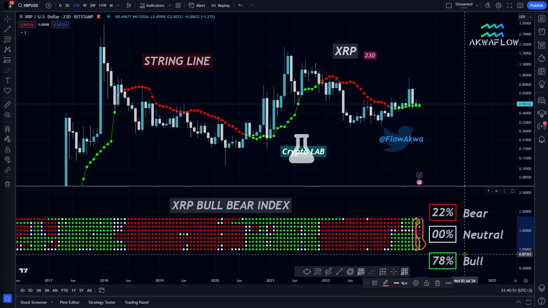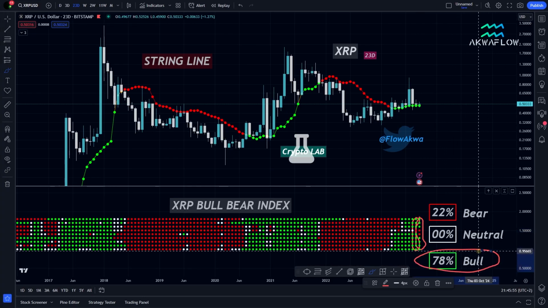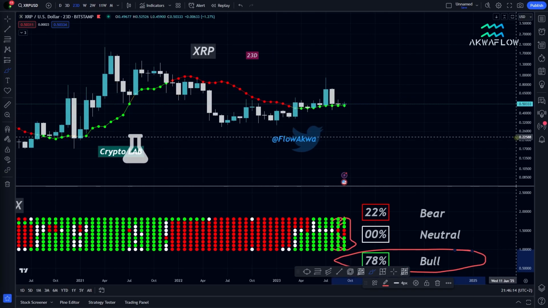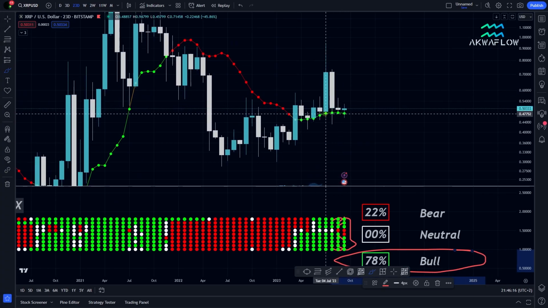That said, I want to pay attention to this part also because the market remains mainly bullish. And we can see the confirmation from the string line because the dots of the string line are still green. We are still above the green line, right?